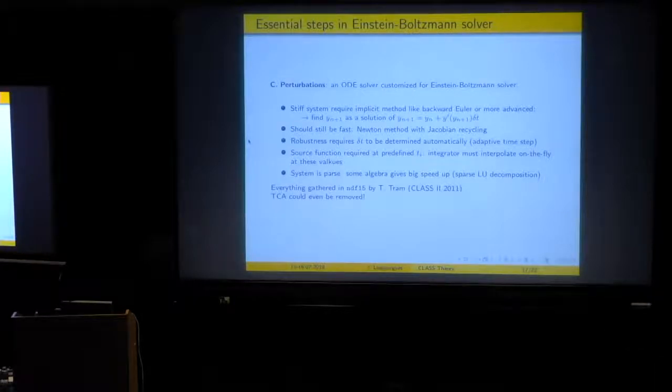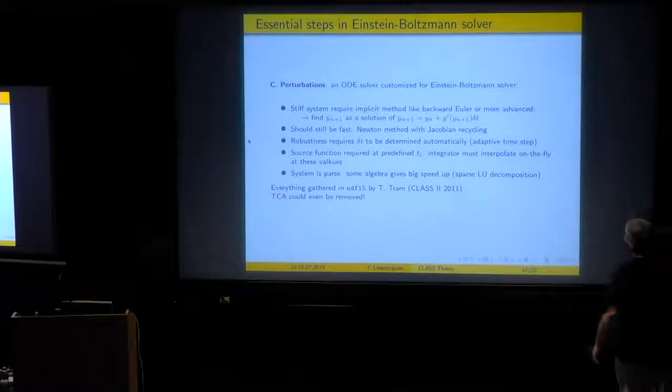At a first time step, you have y of n, and you want to find the next time step y of n plus 1. And the usual forward Euler method that you know will say that y n plus 1 is y n plus a derivative times a time step. But this derivative will be evaluated in y n because you know the value y n.